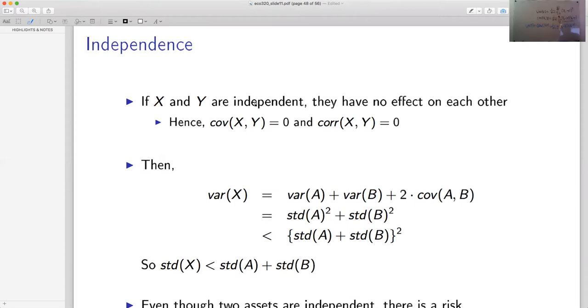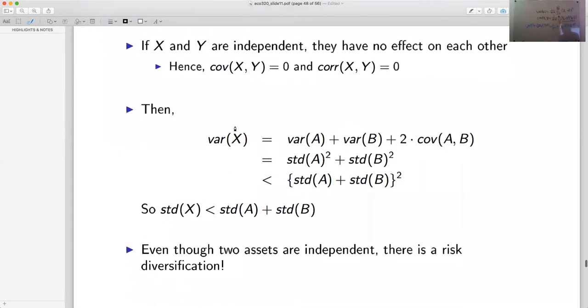How we defined independence previously was to look at, for example, the marginal probabilities of A and B, whose multiplication should equal the joint probability of A and B. That was how we defined it in chapter 2, right? But here, if they are independent, then there is no effect of covariance, it will be zero. As a result, the correlation would be zero. This is basically independence in this context.